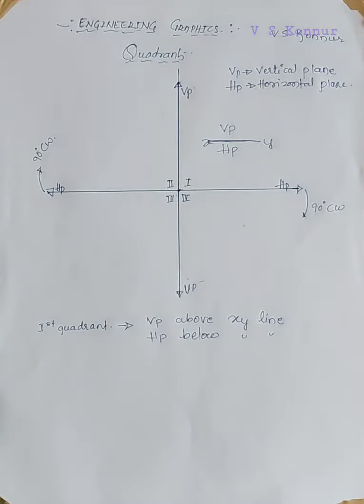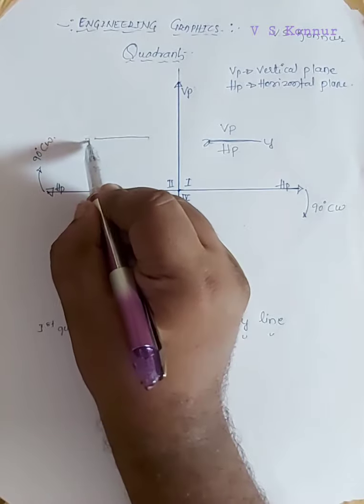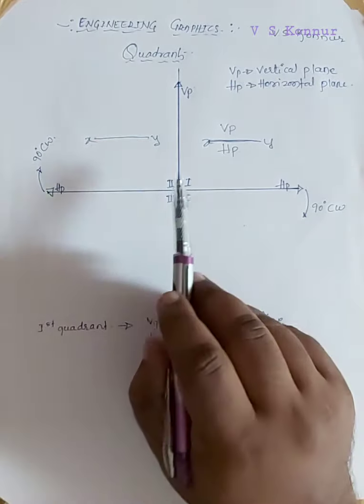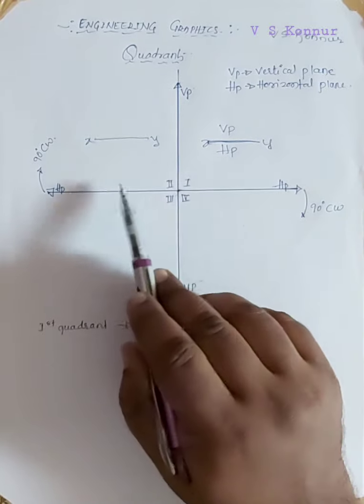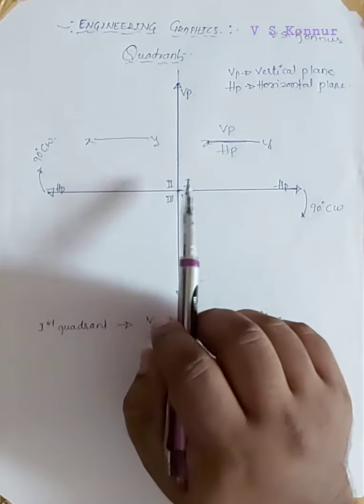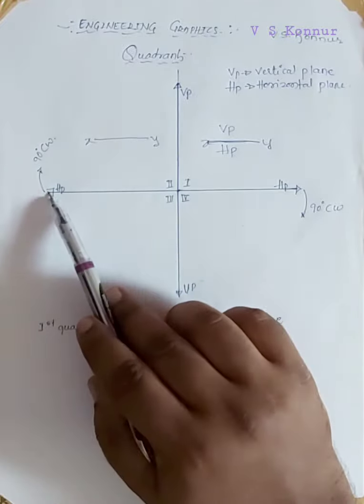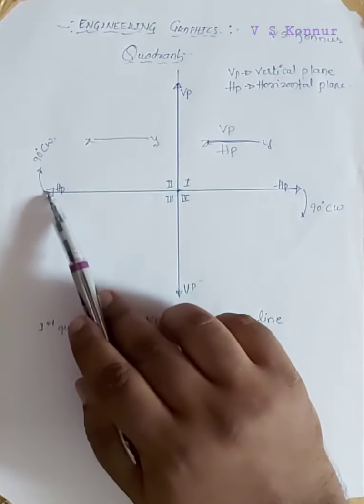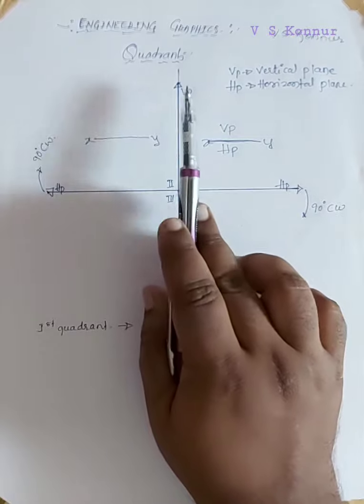Next we'll go for second quadrant. In second quadrant, once again the intersection of VP and HP, this is VP, this is HP, and the intersection is called as XY line. I have drawn here. Now HP is rotating clockwise 90 degree. When HP rotates 90 degree clockwise, VP remains the same.